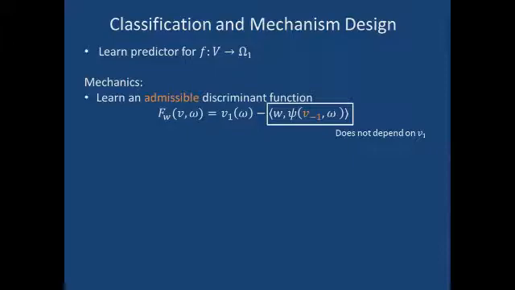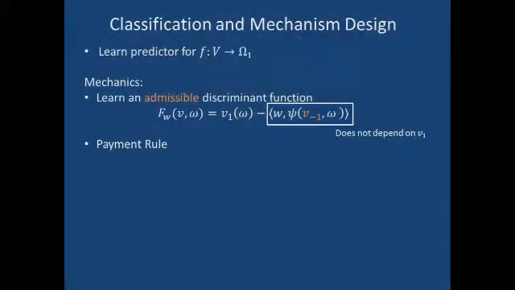And this term on the right can't depend on agent 1's report. It can depend on the outcome, but for the same outcome, this term shouldn't depend on agent 1's report. That's the previous slide we saw: for a given outcome, the payment has to be the same.